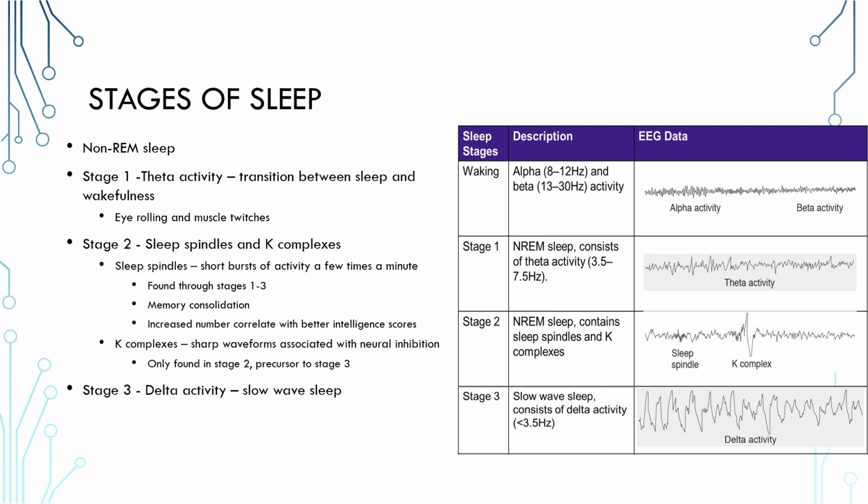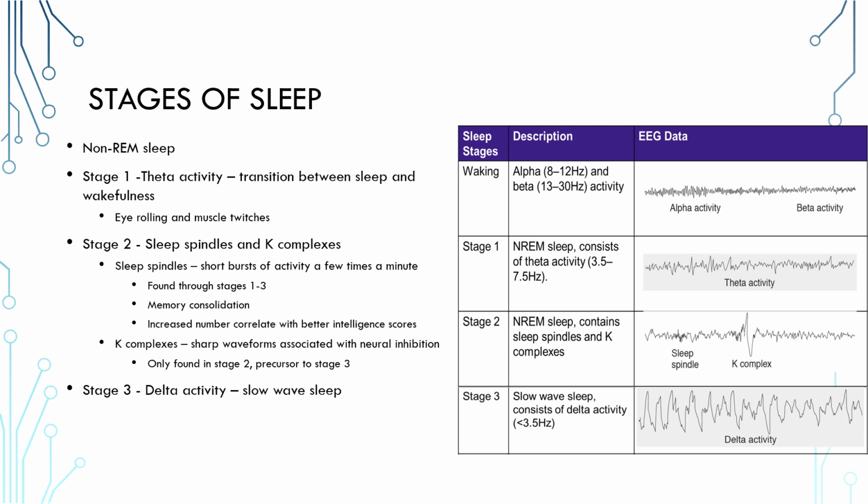This short burst of activity has been correlated to something called memory consolidation, as we mentioned earlier in the semester. So that's kind of solidifying a memory. It's also been correlated with better scores on IQ tests, as a fun little side fact. So from stage 2, which again consists of a lot of sleep spindles and K complexes, we then finally move into stage 3.